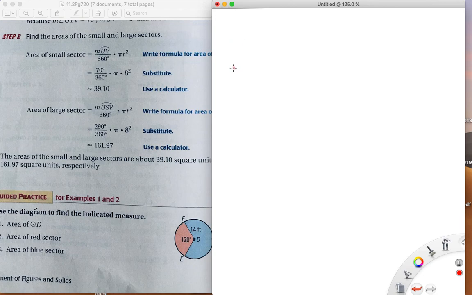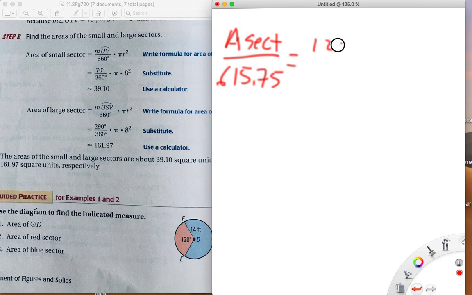So if we use our equation, the area of the sector over the area of the circle, which we have as 615.75, is equal to 120 over 360.